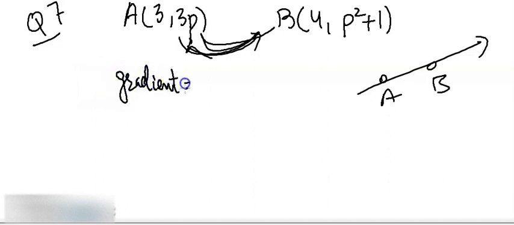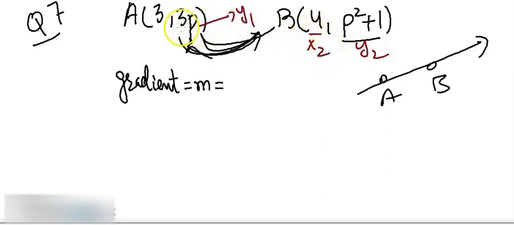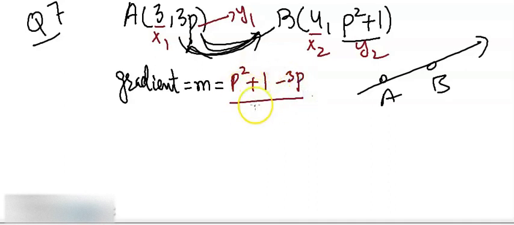Gradient means slope, means m, which is equal to y2 minus y1 divided by x2 minus x1. So y2 minus y1 is going to be p squared plus 1 minus 3p, divided by 4 minus 3.